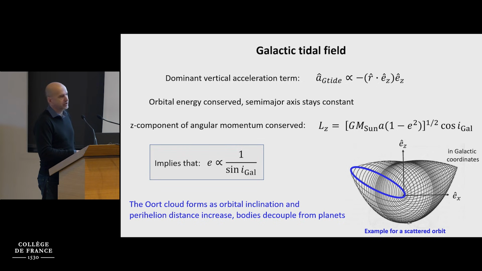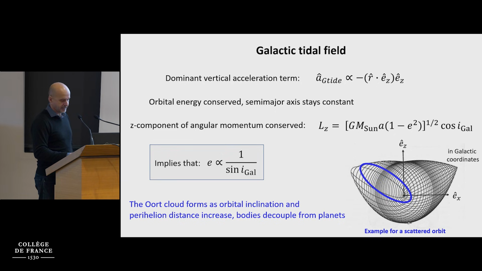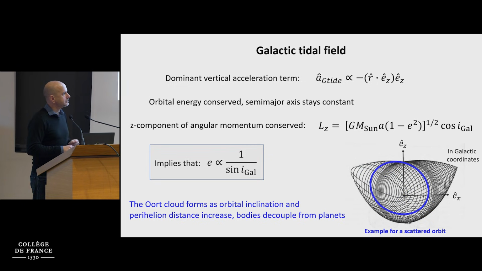It comes very close, to 30 AU from the sun, and it has a modest inclination in galactic coordinates. Then over time, the galactic tide will change it like this. Inclination will increase, eccentricity will decrease, so it decouples from the system, and it evolves like this. Okay? So these are the stages.